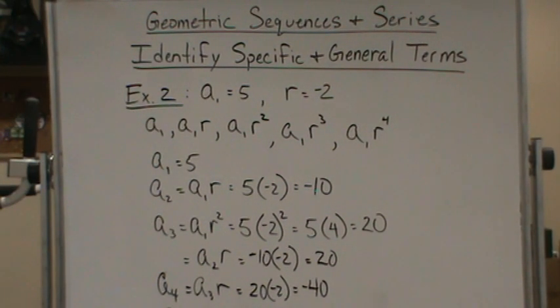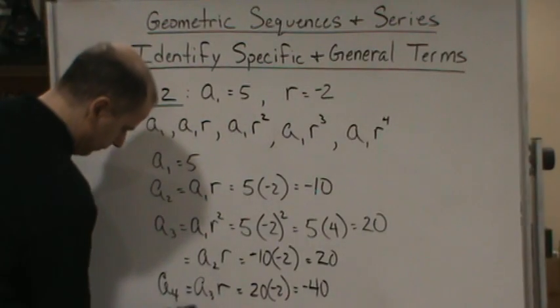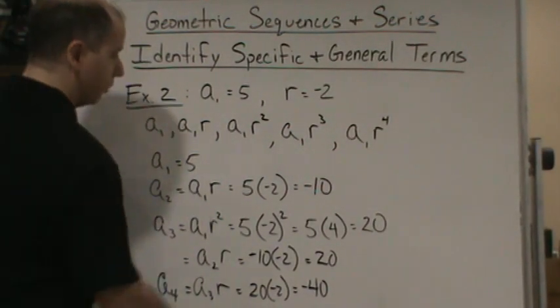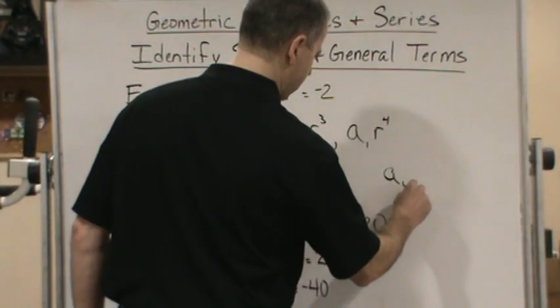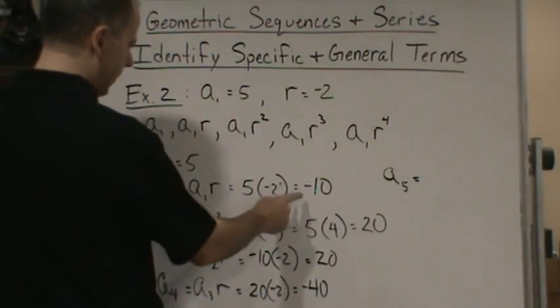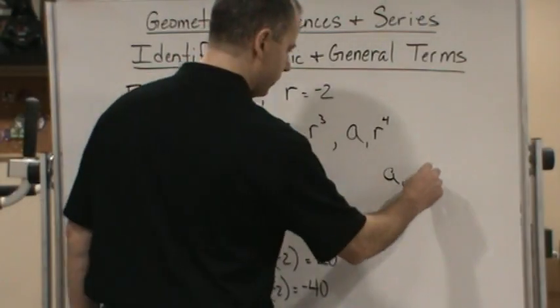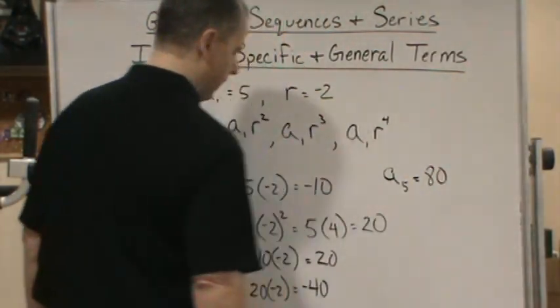So it seems like it's doubling, right? Let's go over here. So we went from 5 to -10 to +20 to -40, and this one will be +80.